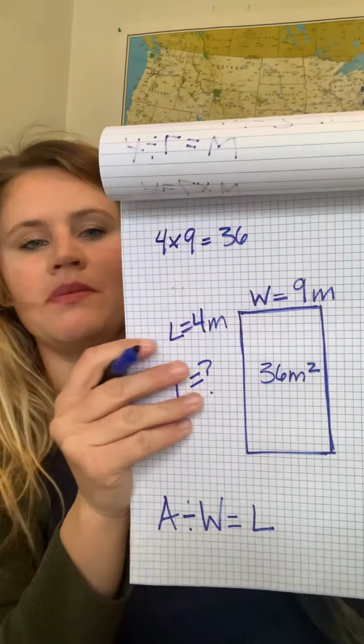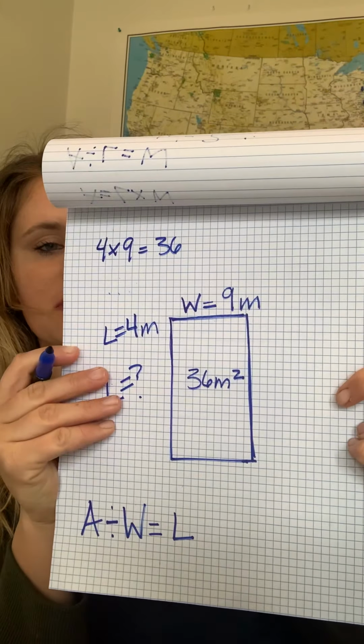I'm pretty fluent with my multiplication, and I ask, what times 9 equals 36? Well, I know 4 times 9 is equal to 36. So my length must be 4. L is equal to 4 meters. So my answer would be 4 meters.